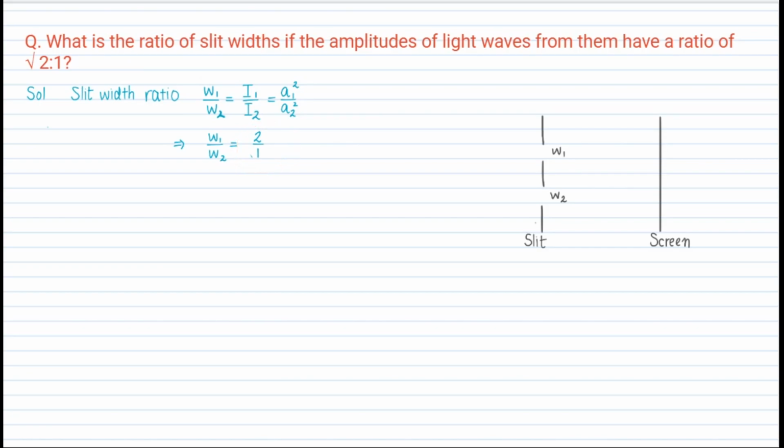That means if the second width is 1 unit, then what will be the size of W1? In this case, the slit width will be 2 units. So your slit W1 will be bigger than your slit W2. Fine. Now this is a simple question.